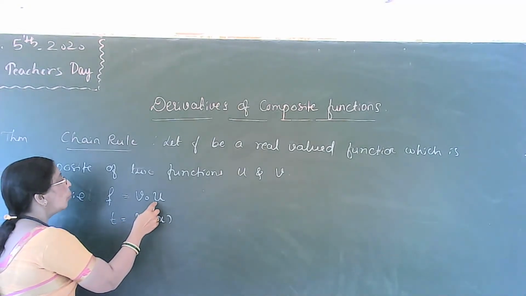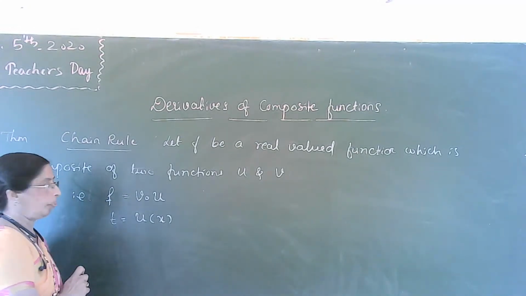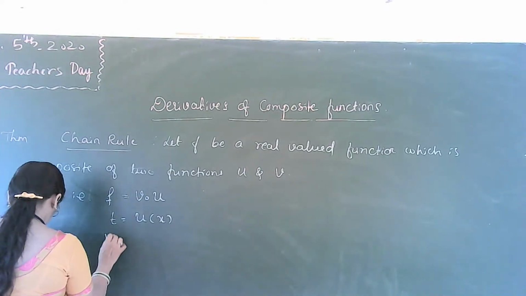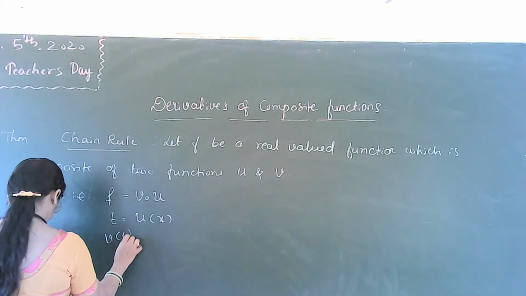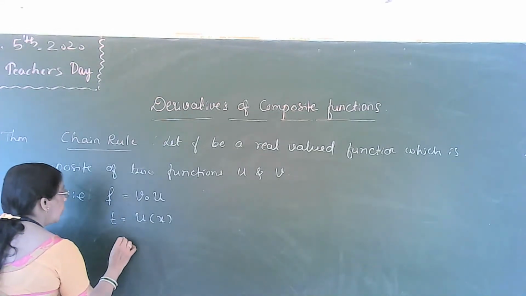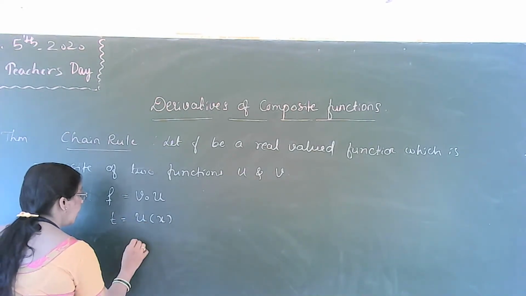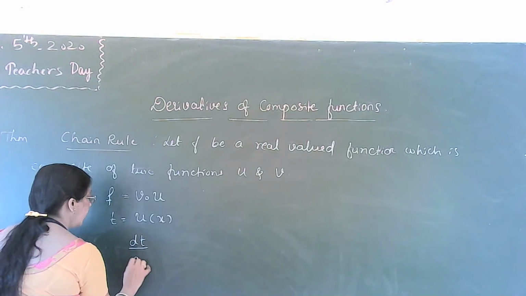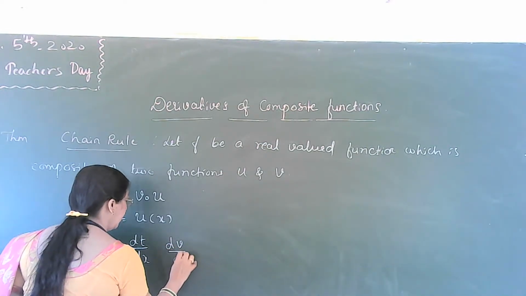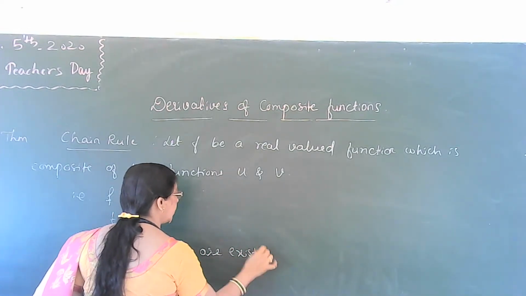Here we take u of x as t. Then v of t is equal to v of u of x.